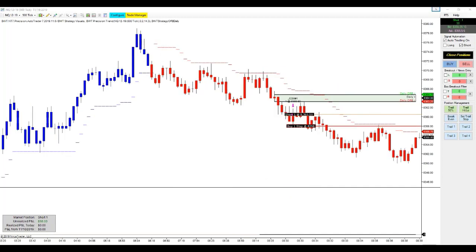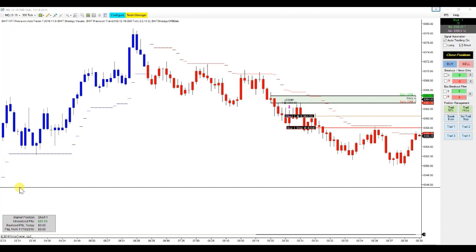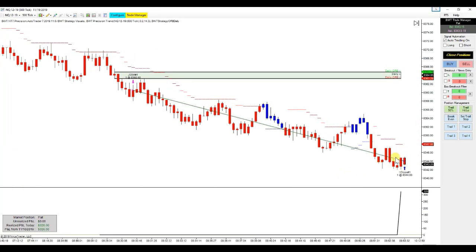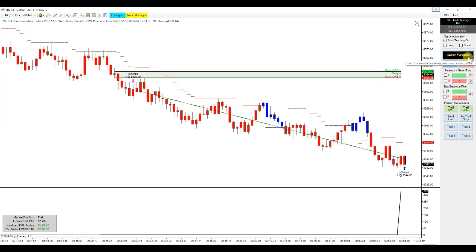All right, so we are now trailing. The trailing kicked in. Okay, so I got taken out on the trail here. I unclicked the shorts.